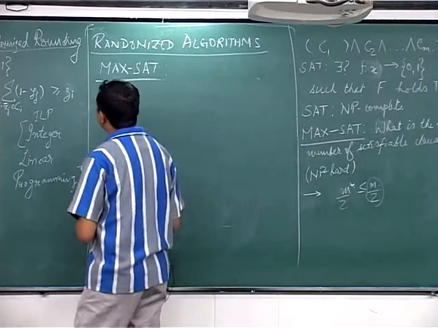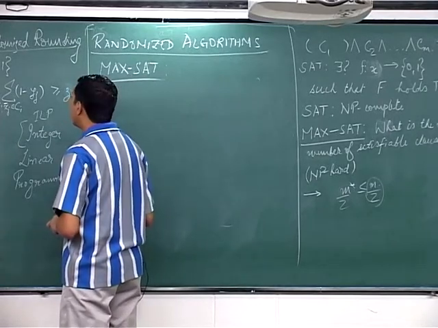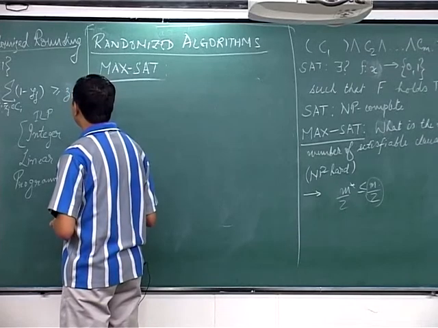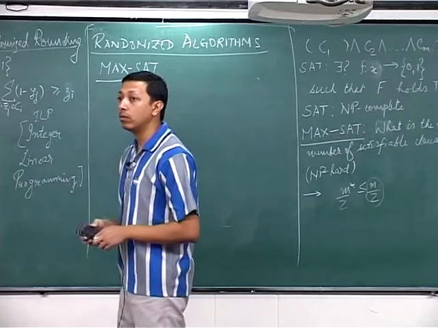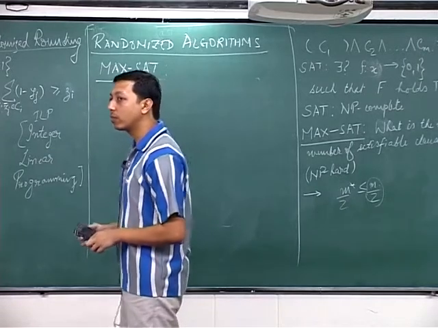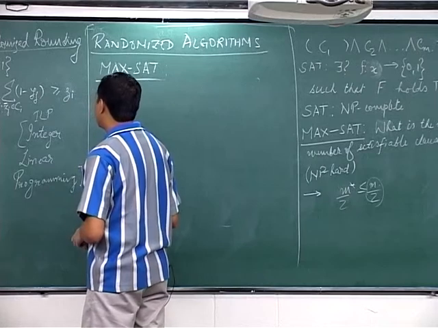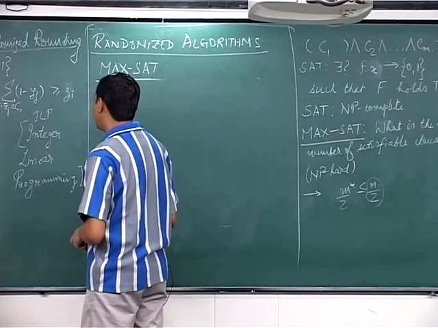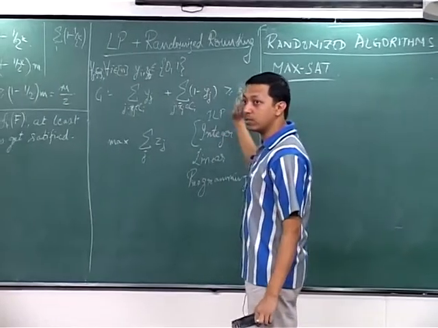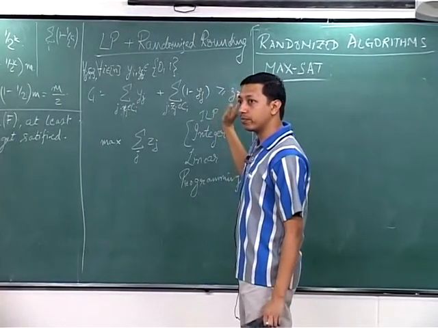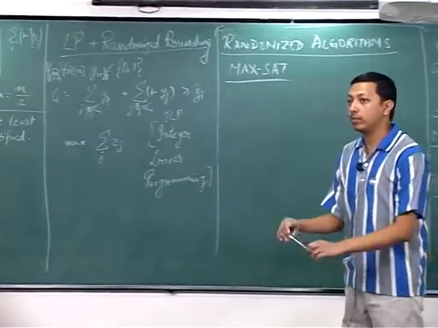If this evaluates to 0, then zi must be 0. If it is greater than or equal to 1, then zi is 1. Otherwise it's 1.